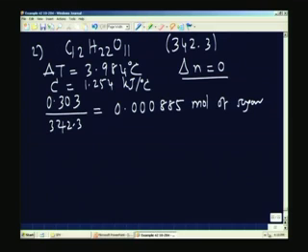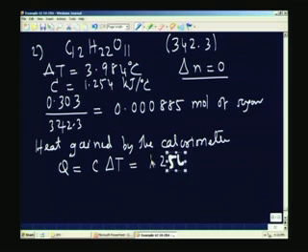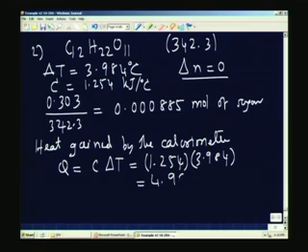With this value I can find out the heat gained by the calorimeter. Q is equal to C delta T, which is 1.254 from the previous value multiplied by 3.984. This will give you 4.995 kilojoules.